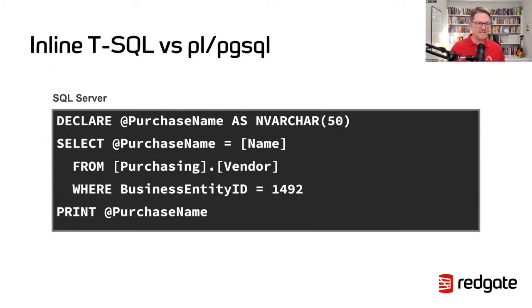And then really the last thing I tend to show is inline SQL. We are so used to this, and I put this up often. You can write this anywhere in any T-SQL script: declare a variable, use the variable, print the variable, and everything just works. The reason that works is that in SQL Server, you're actually running T-SQL, not SQL. In Postgres, unless you specify a language, everything is interpreted essentially as plain SQL.